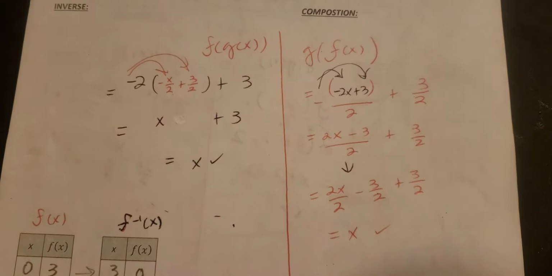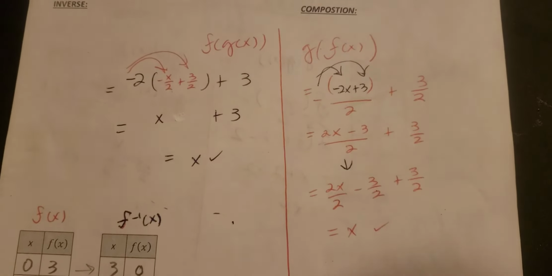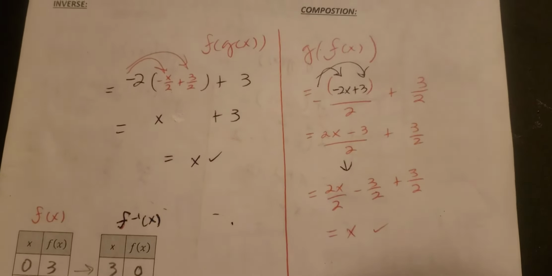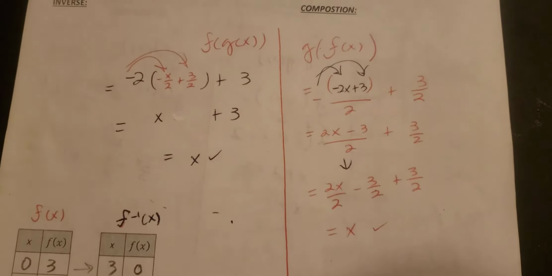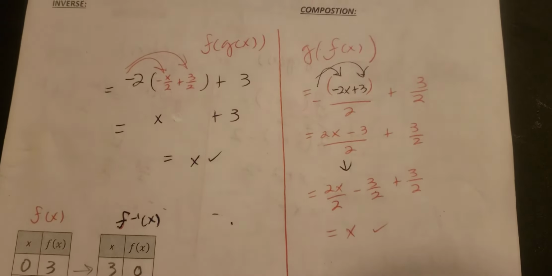Either they are not true inverses or you did something wrong, okay? And if they ask you, can you please check if these two are inverses of each other? You are checking if they are inverses. So that means they could be inverse or they may not be, okay? So again, that's just another way of checking.